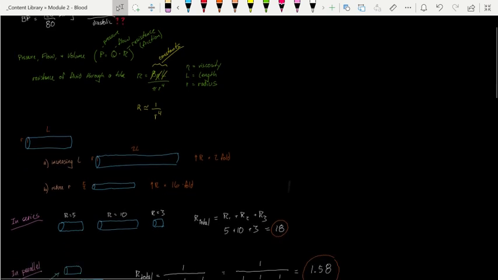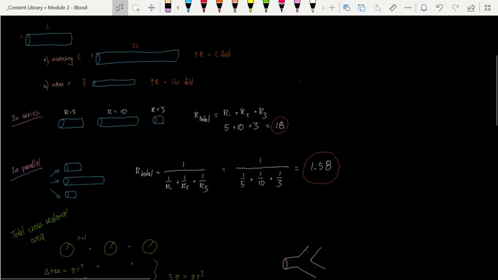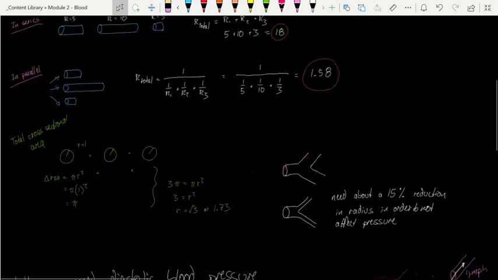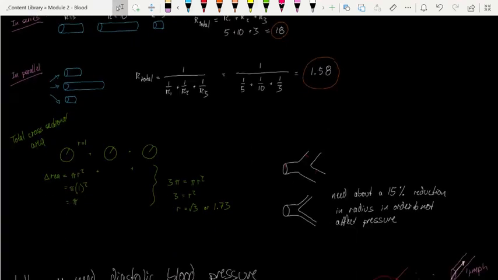We talked about how that could change in series versus parallel, and then the importance of the total cross-sectional area in determining the overall resistance of the system. And to maintain that, the body has to be intricately designed to make sure that for any branch point, the sizes of those arteries branching off are not a whole lot more or less than about a 15% reduction in radius, so that I don't affect pressure too much.